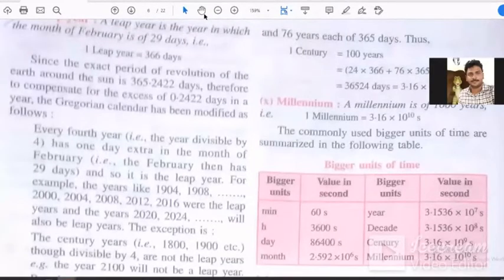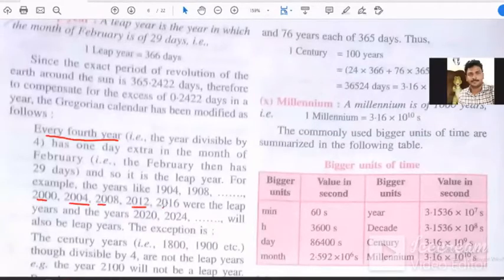Every fourth year is a leap year. For example, 1904. After 1904, the next is 1908. This way, if you add 4 years each time, then the year is called a leap year.